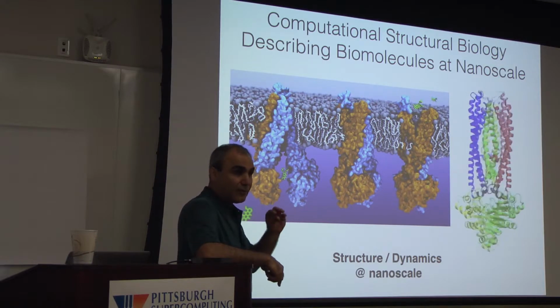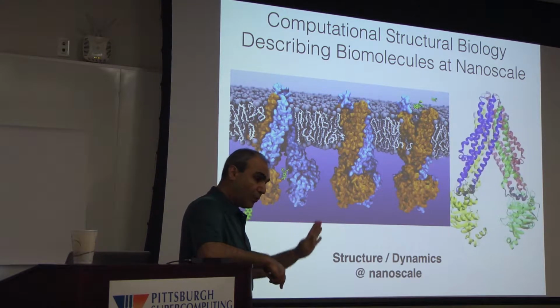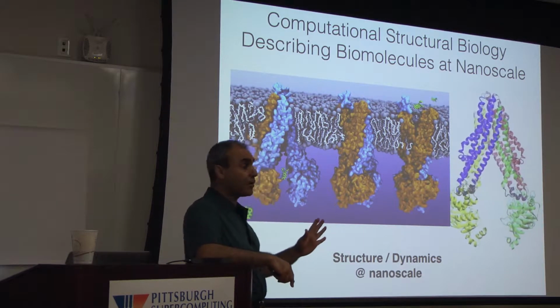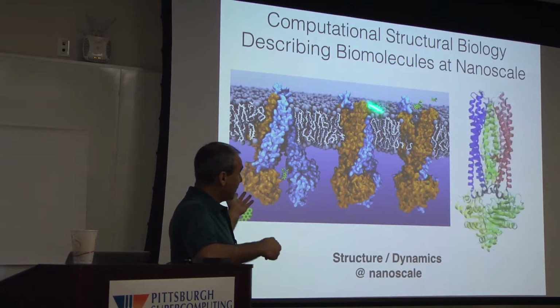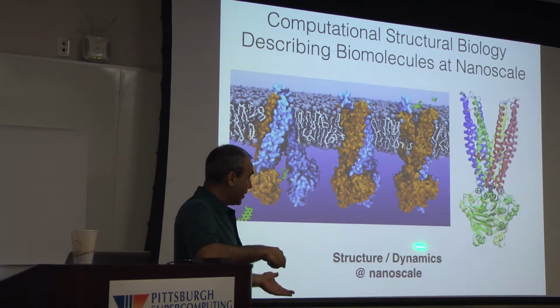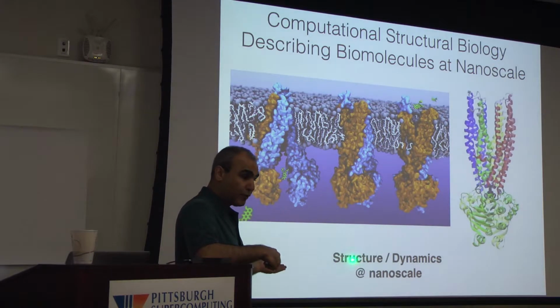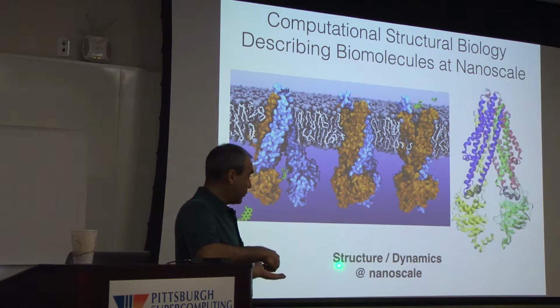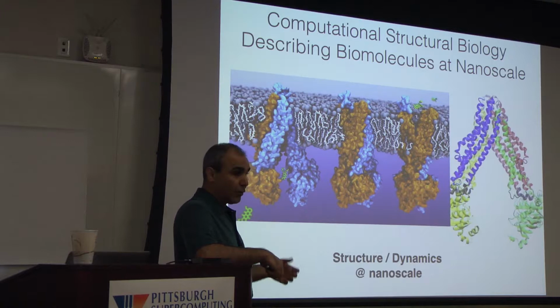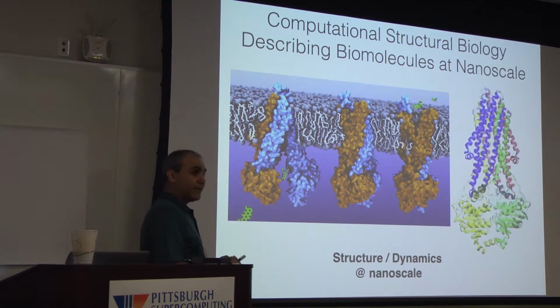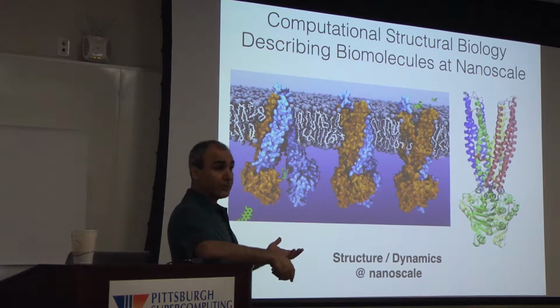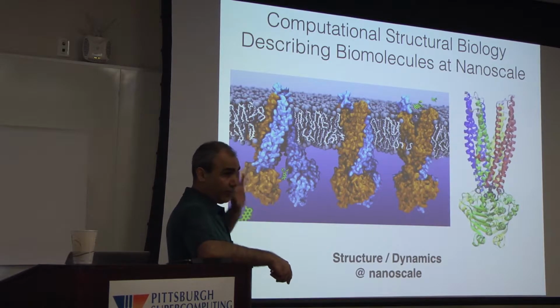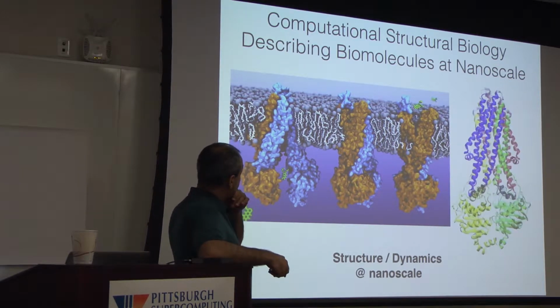But of course, this is only a very small part of the mechanism and function. In order to understand that, we need to also understand the dynamics. Structure is very important. We need that to start our simulation, but dynamics is really the main basis of the function of macromolecular systems. They have to move. If you freeze them, they don't do what they are doing.